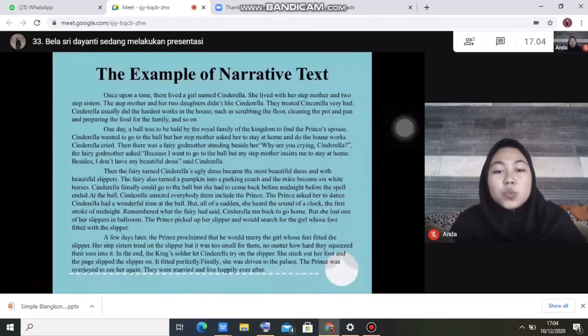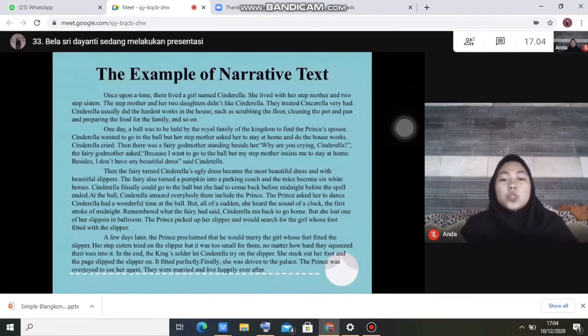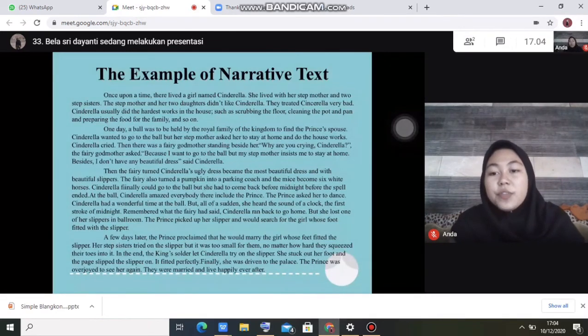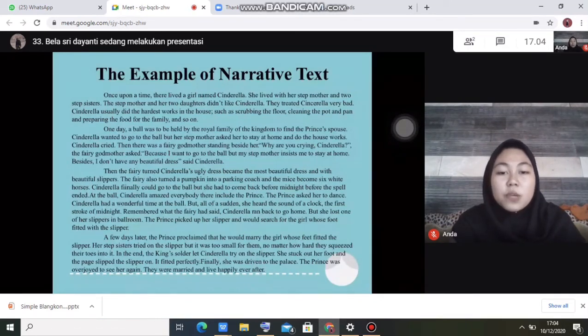Cinderella ran back to go home, but she lost one of her slippers in ballroom. The prince picked up her slipper and would search for the girl whose foot fitted with the slipper. A few days later, the prince proclaimed that he would marry the girl whose feet fit the slipper. Her stepsisters tried on the slipper, but it was too small for them.